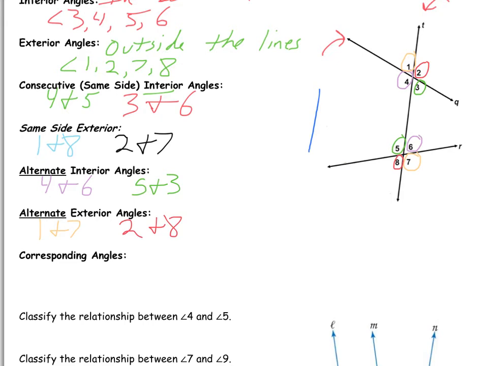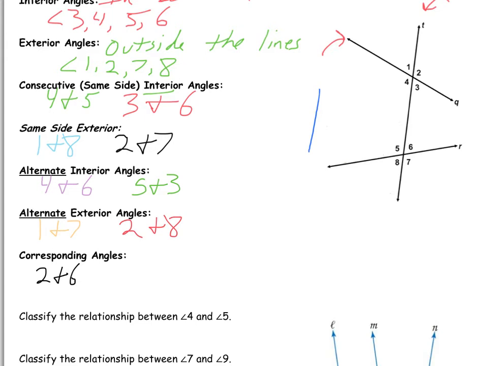Okay, now in regards to corresponding angles, if I was to draw a box around these angles right here, and I said, which angle is in the upper right hand corner, we would say angle 2 and angle 6. Well, these two angles are corresponding angles. They are angles that correspond in relationship to the transversal.